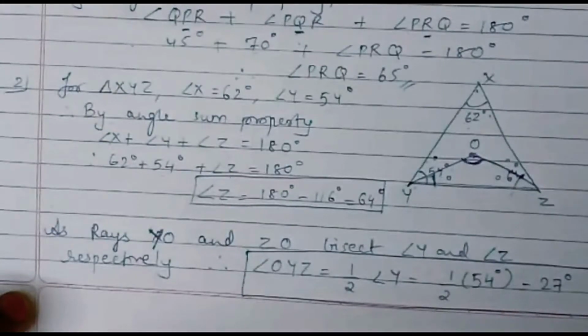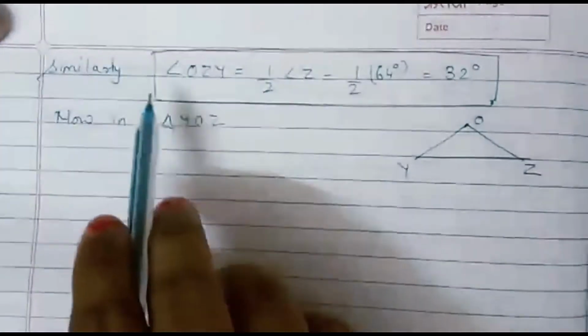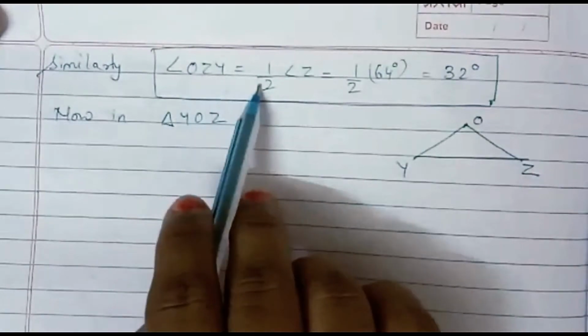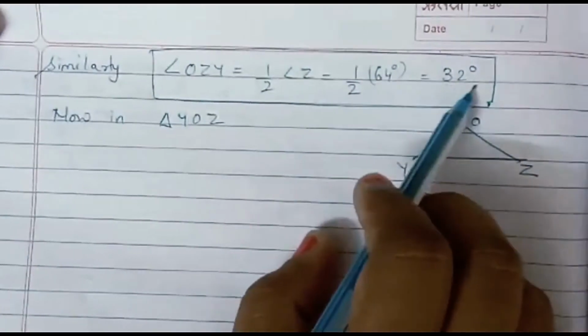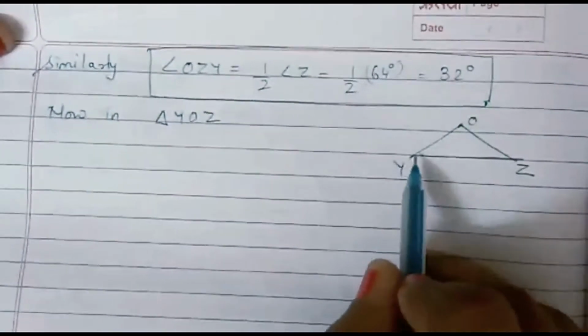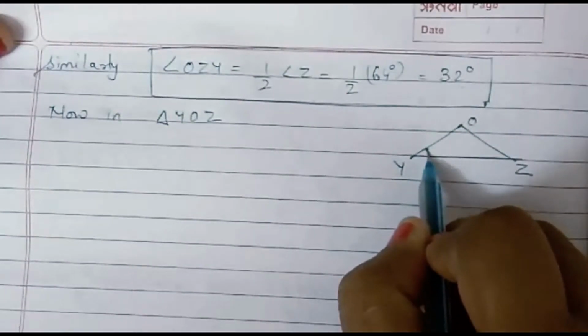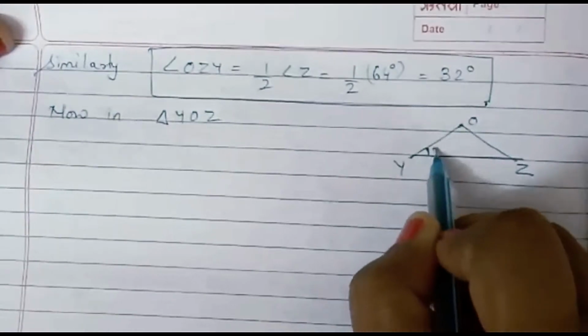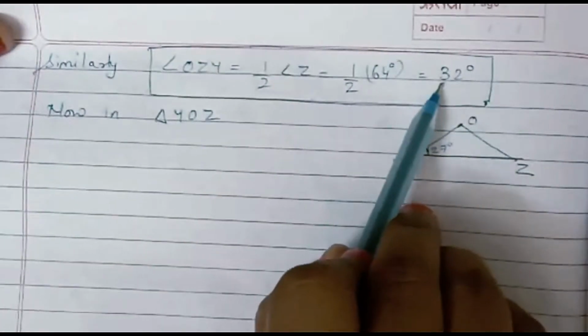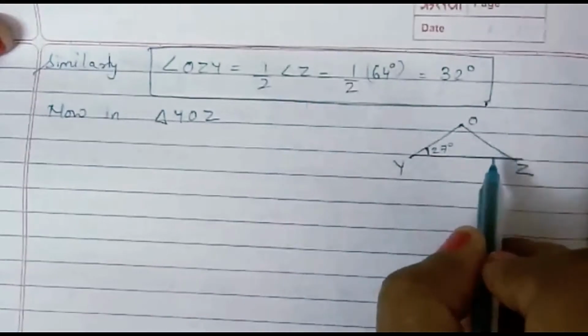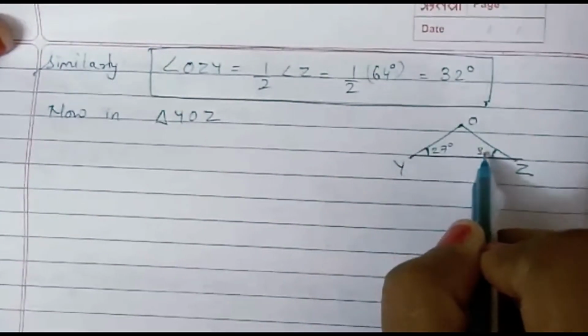And similarly angle OZY will be half of angle Z, which is half of 64 is 32. I have drawn this triangle YOZ again so that you can understand. We have obtained OYZ as 27 and this angle OZY is 32.